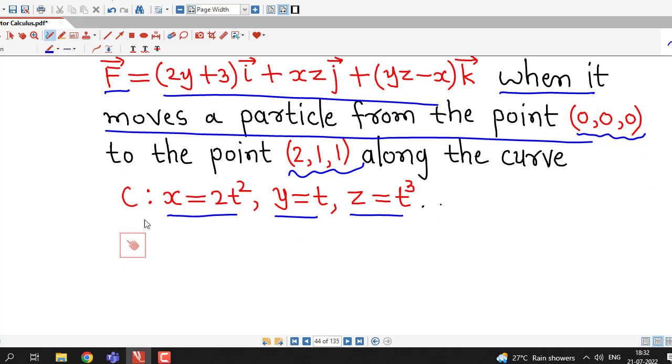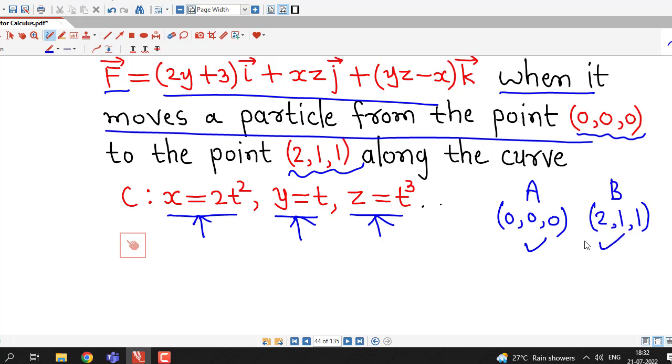Here we can see our curve has these three parametric equations x, y, z in terms of t, and this curve starts from point 0, 0, 0. This is the initial point and the end point is 2, 1, 1. So here limits of t are not given, but it is given that we are applying a force to move a particle from point A to point B. So if limits of t are not given, we can find the limits of t using these 2 points also.